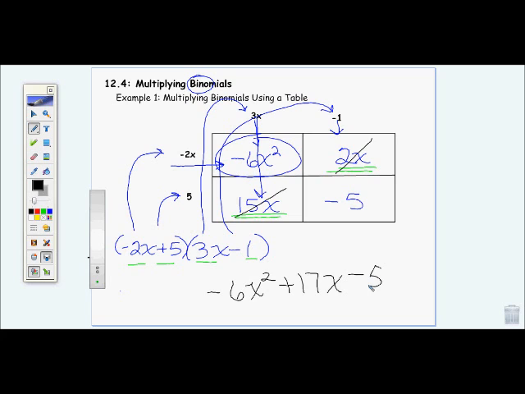Let's do a couple more of those for practice. Again, this would be the visual one using a table. So let's do negative 6b minus 4. That's my first expression.